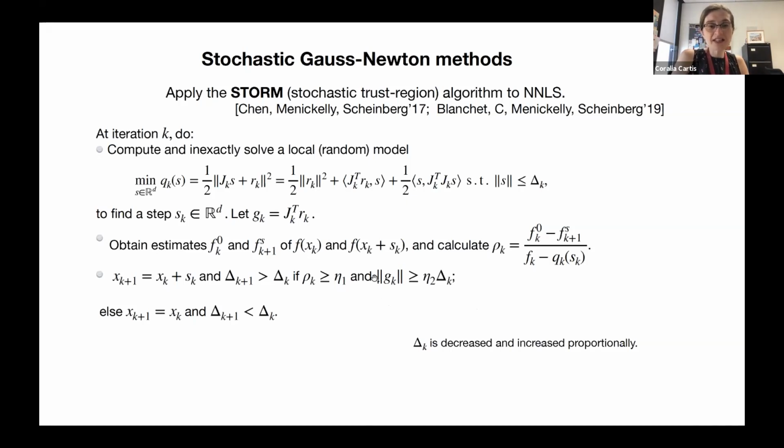So if that's the case, we take the step, otherwise we stay at the same point and maybe shrink the trust region. So we have an adaptive framework. So this delta adapts in the run of the algorithm. And it's actually crucial that it adapts because it gives nice self-correcting properties for the algorithm.